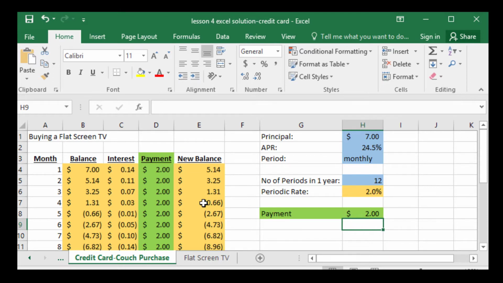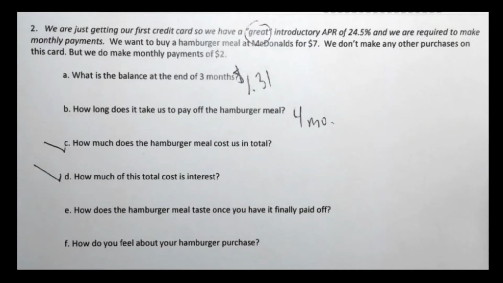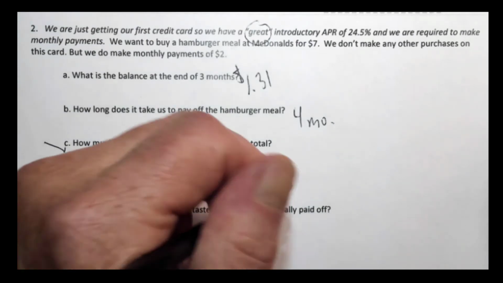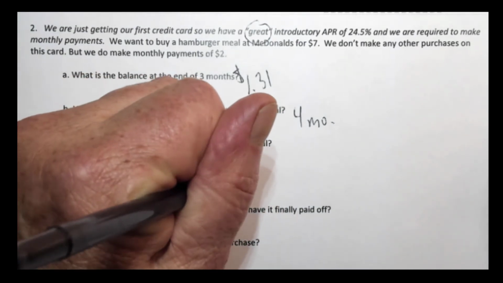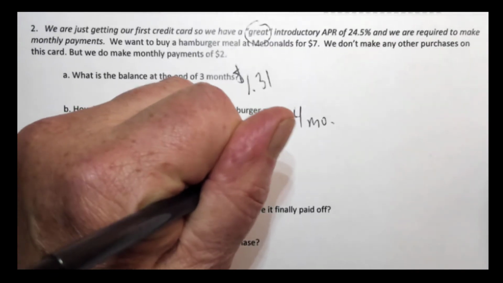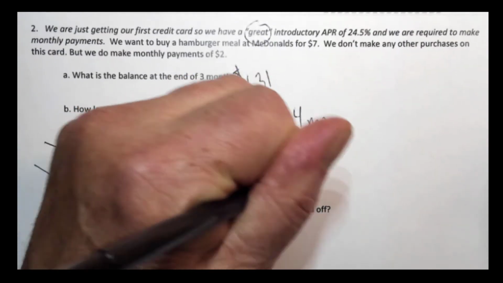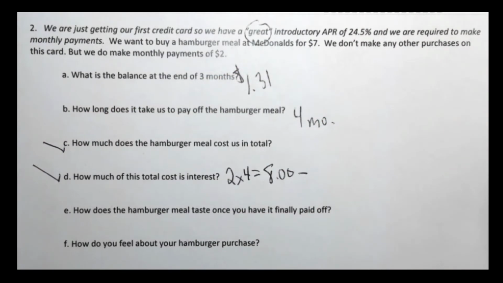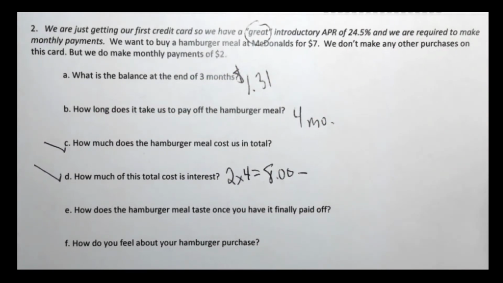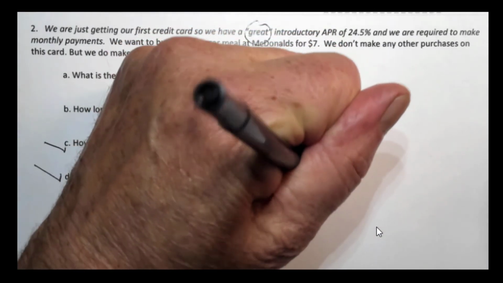So let's do that with pen and pencil. $2 for 4 months, it's $8. But I paid 66 cents too much.